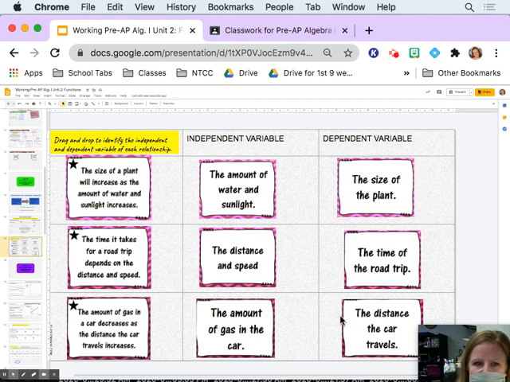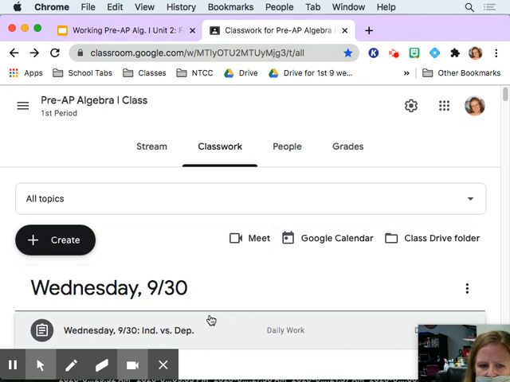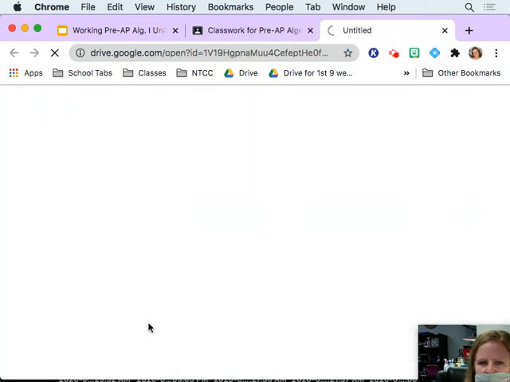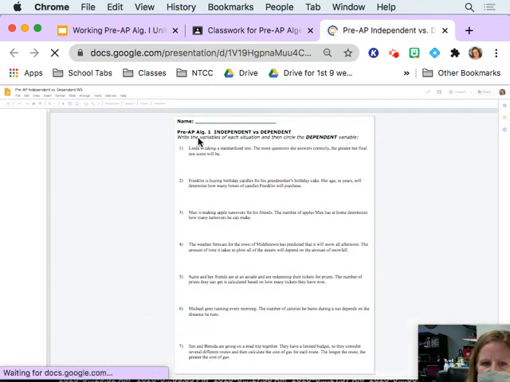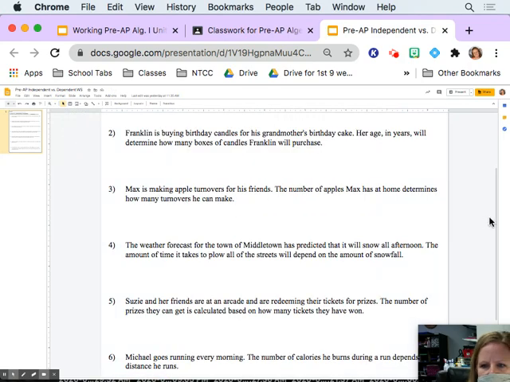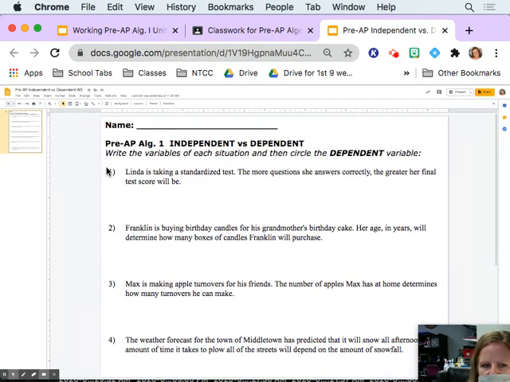So y'all do have an assignment. I have it on paper and I have it digital. So it depends on how you want to do it. But if you go here, this is the assignment. So let's read the instructions.